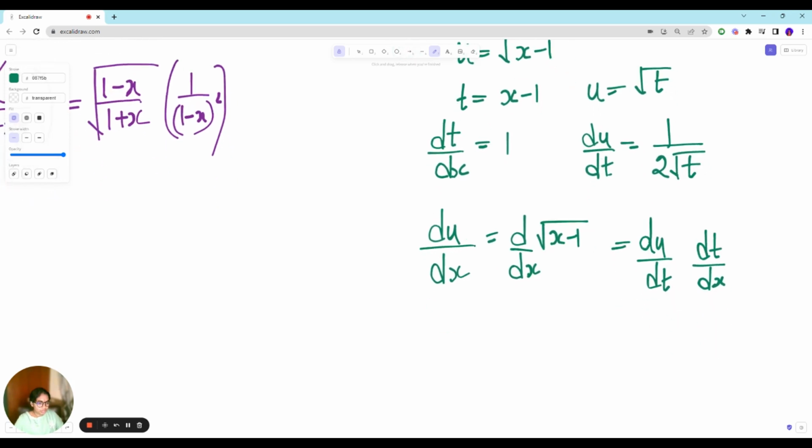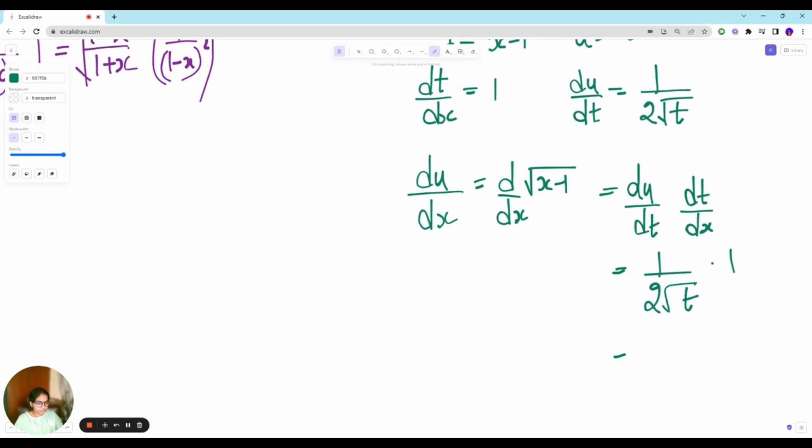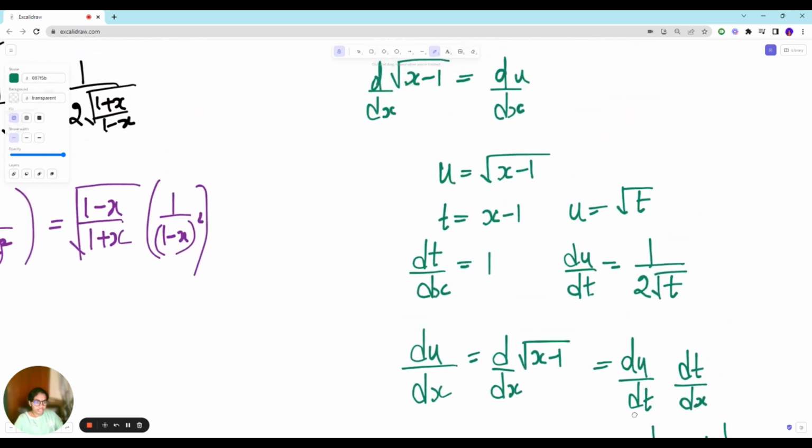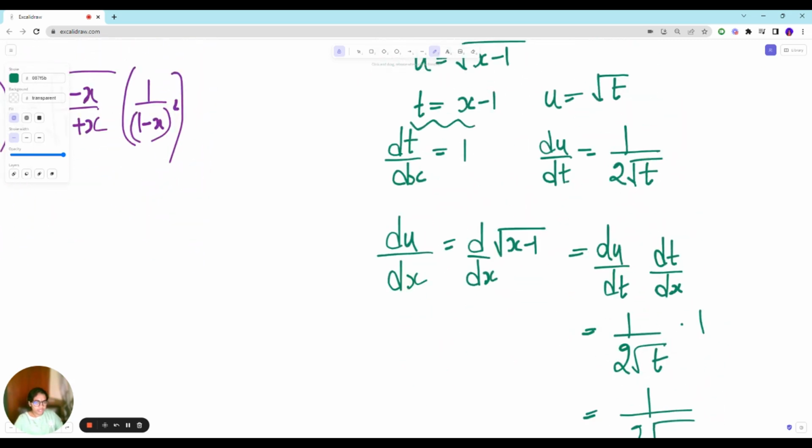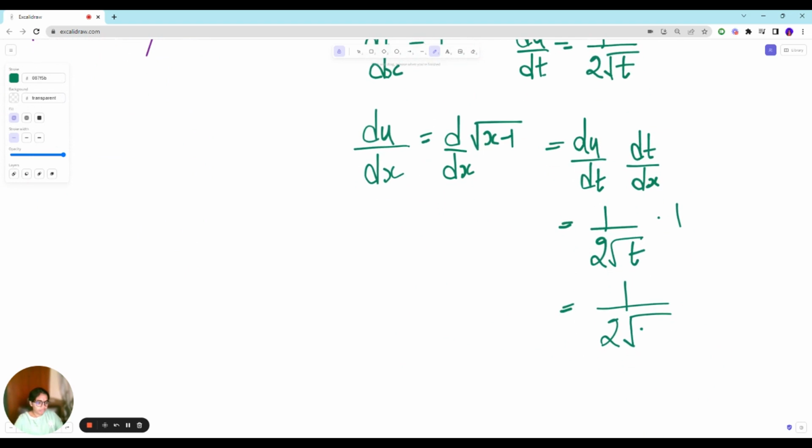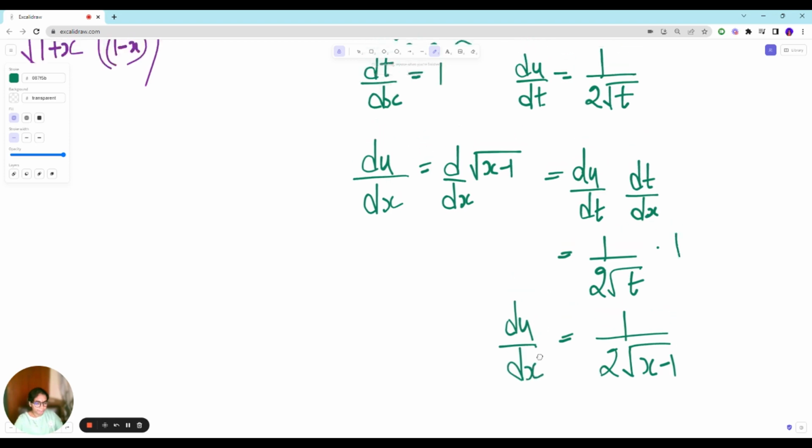What is du by dt? 1 divided by 2 root t. What is dt by dx? That is 1. Let me substitute the t value back. What was our t? t was x minus 1. So it is 1 divided by 2 square root of x minus 1. This is our du by dx.